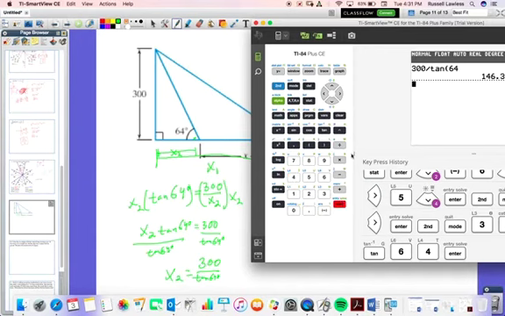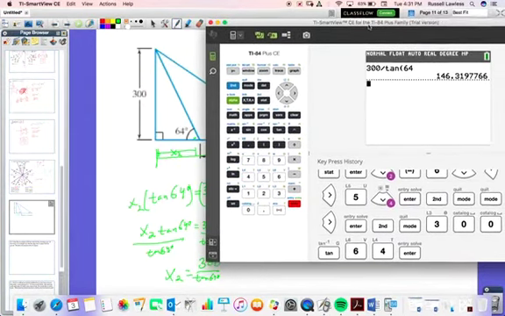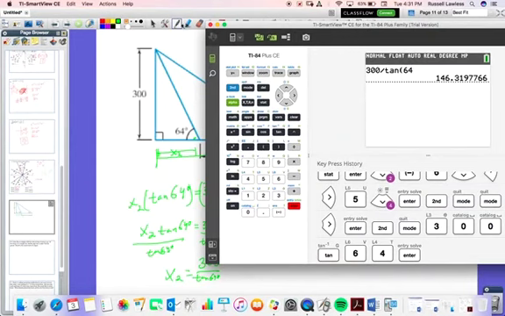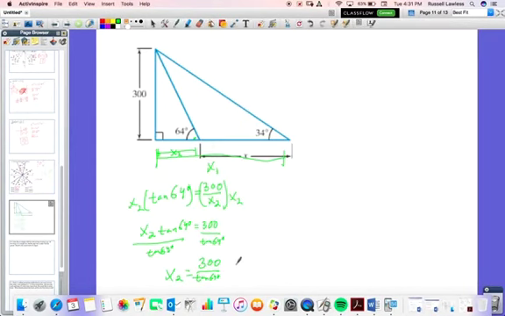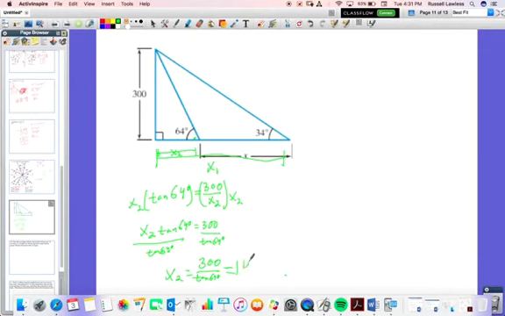When I hit enter, that'll give me the answer 146.3197. What I would like for you to do is just round to 2 decimal places. So we're going to round that off to 146.32. We're just going to keep that there, because that solved only for x sub 2.